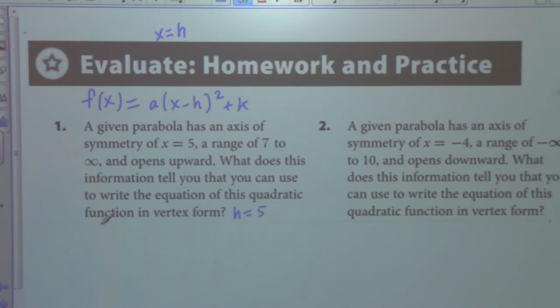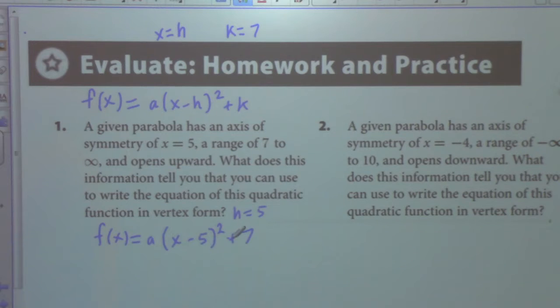Now we can rewrite this as f of x equals a times (x minus 5) squared plus k, and what is k going to be? 7. k is going to be equal to 7, because the range is 7 to infinity, so we'll put plus 7.